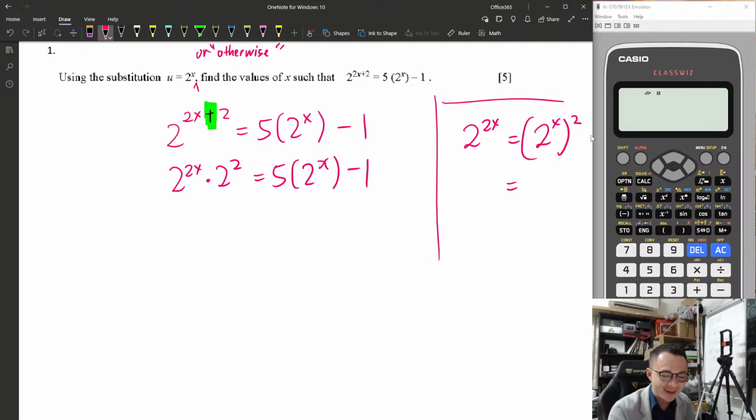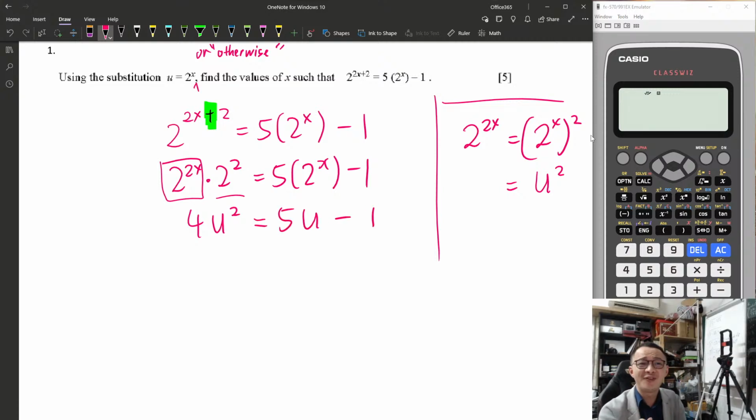So then I can substitute u as 2 power of x, then this is u squared. Therefore, 2 power of 2x is basically u squared, and 2 power of 2 is 4. So u squared multiply 4, we can easily say this is 4u squared, equals 5u minus 1.